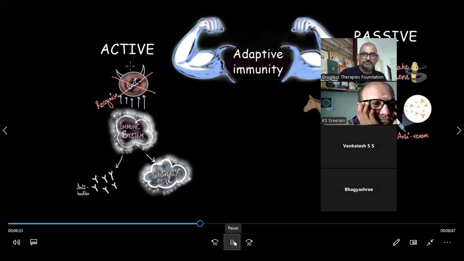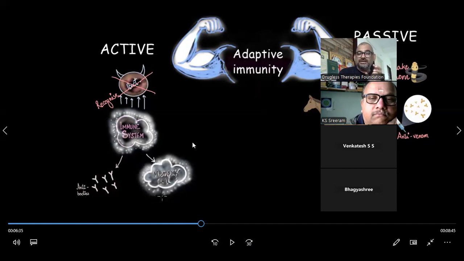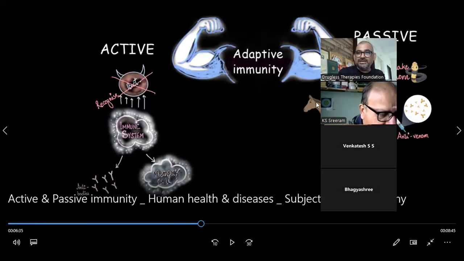In active immunity, we get memory cells. It remembers, like vaccination. Next time if anything happens, it remembers and directly produces antibodies and fights at a fast pace. But in passive immunity, it's not like that.